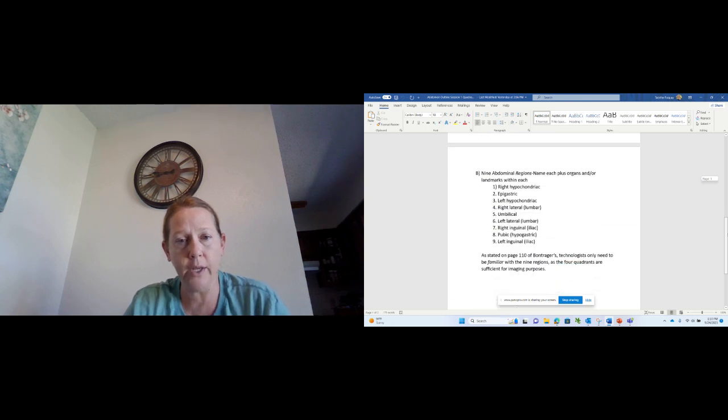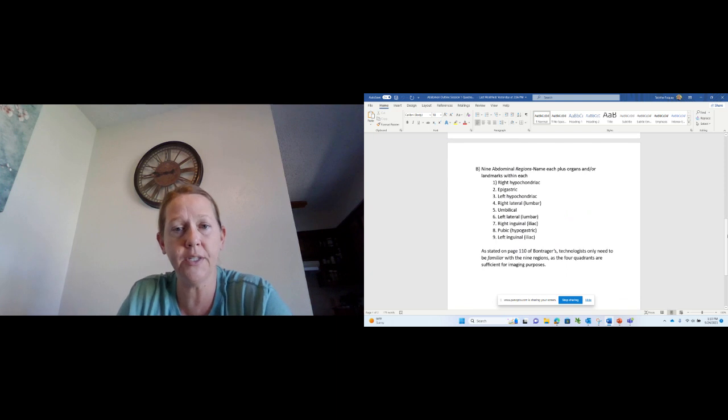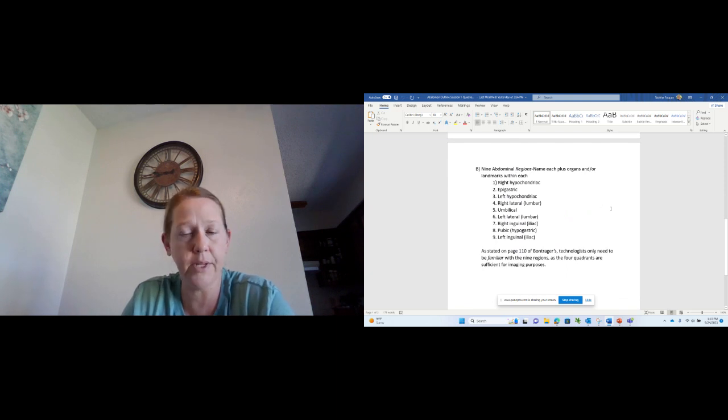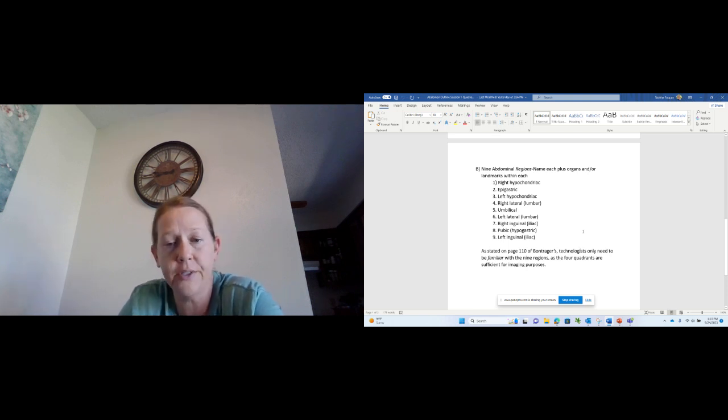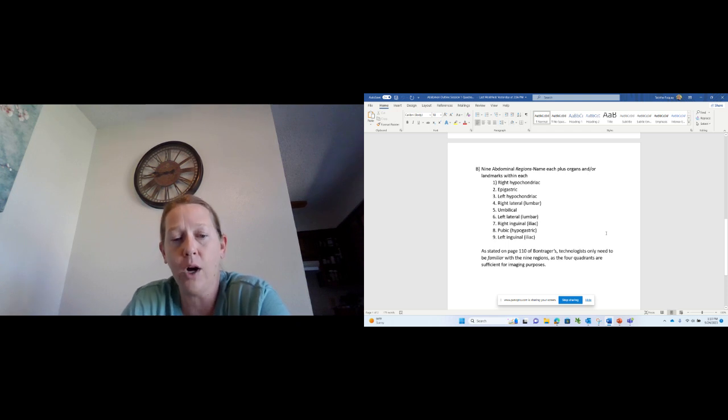Now, we'll also just quickly go over the 9 abdominal regions. It says to name plus each organ that is within each. However, on page 110 of Bontrager's, technologists only need to be familiar with the 9 regions, as the 4 quadrants are sufficient enough for imaging purposes.